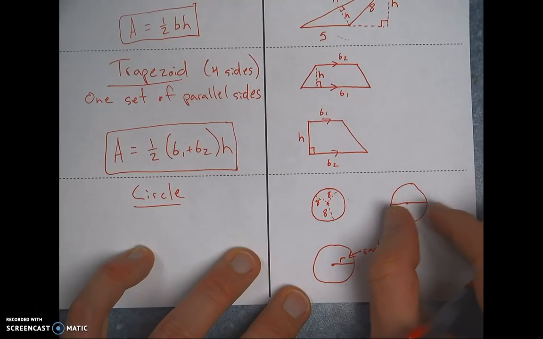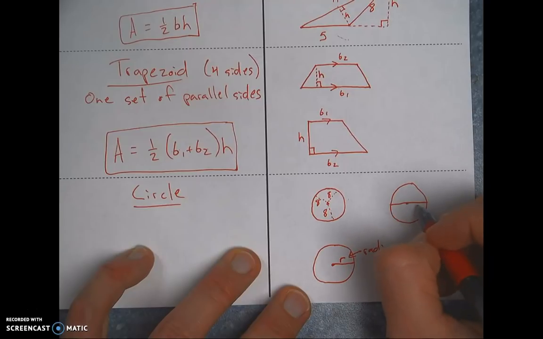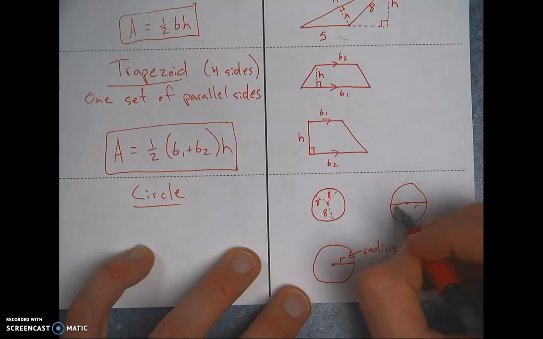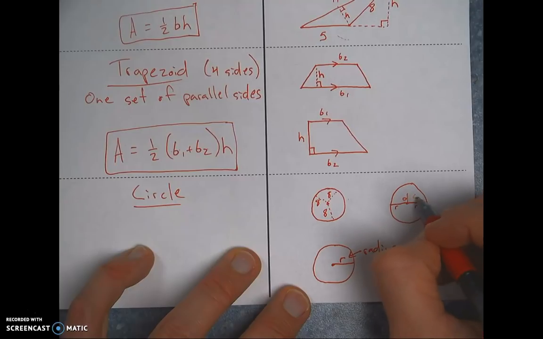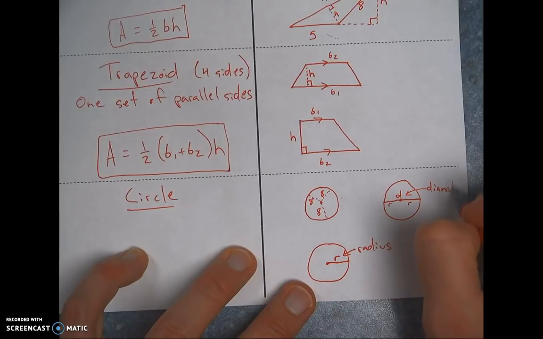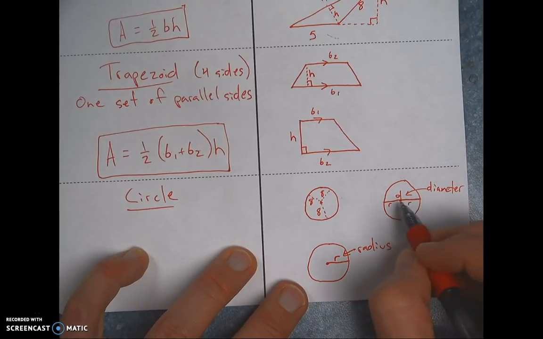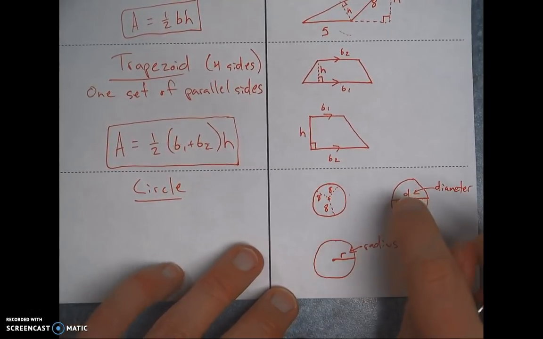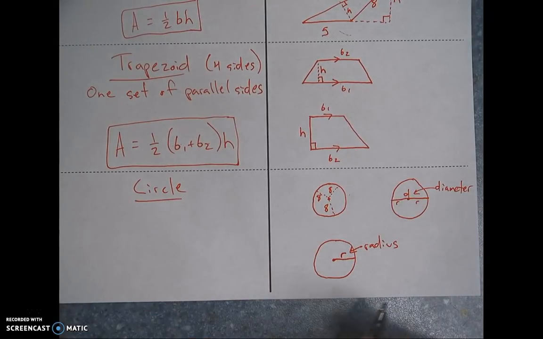So it's basically a radius plus a radius, because each one of these two lines are going to be the same. Because in a circle, the radius is the same no matter which direction you draw it. But when you put them together and make them one big line, this is called your diameter. You can always find the diameter by adding the radius to itself, or doubling it, because it's the distance all the way across. Now there's two formulas we're going to use.